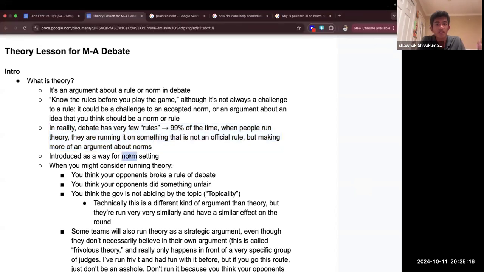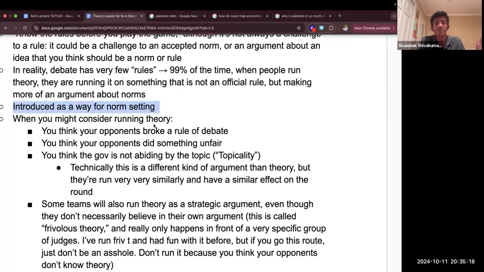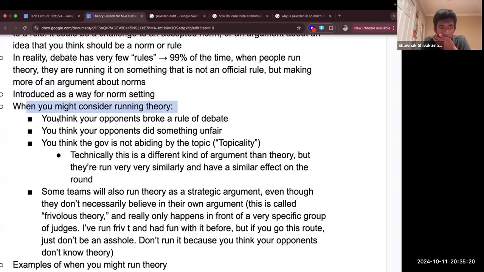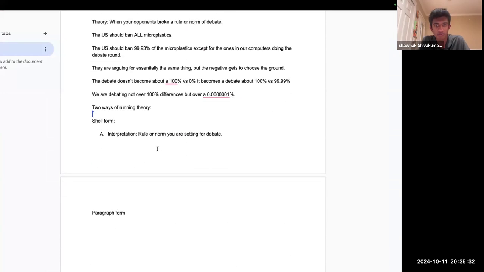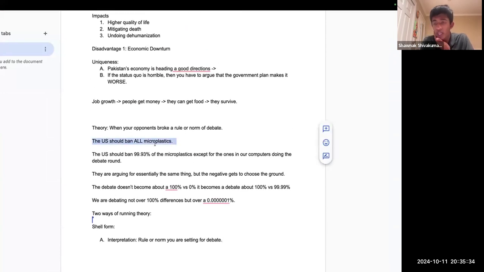Okay, perfect. So when you consider running theory, you think your opponents broke a rule of debate, you think they did something unfair, you think the government is not abiding by the topic. So like in this example of banning all microplastics, they start talking about banning plastics.